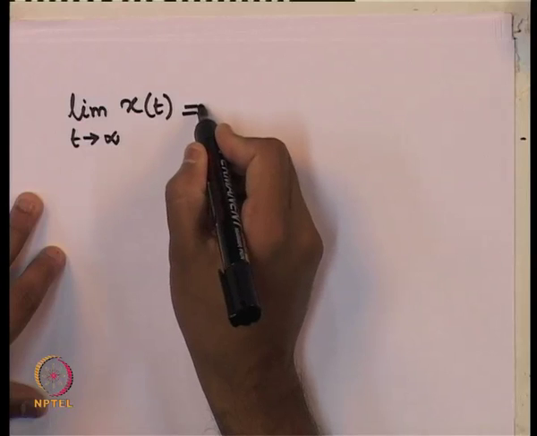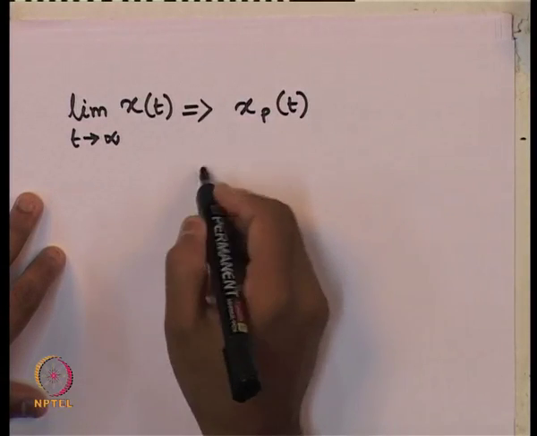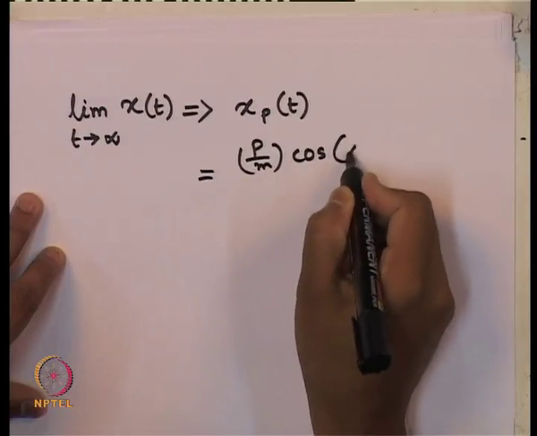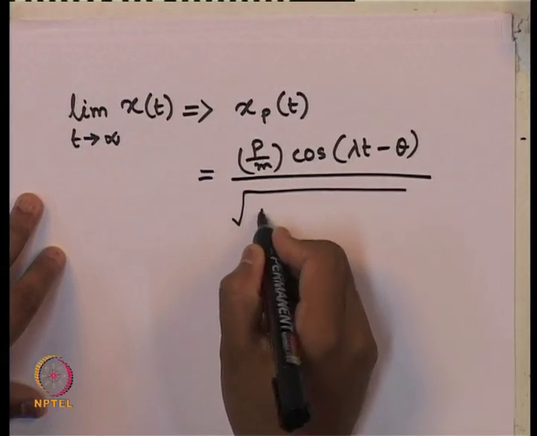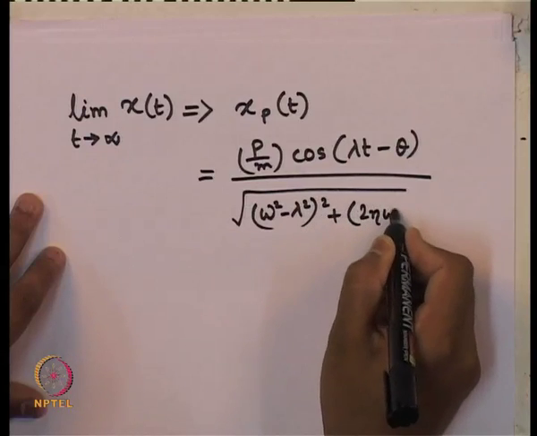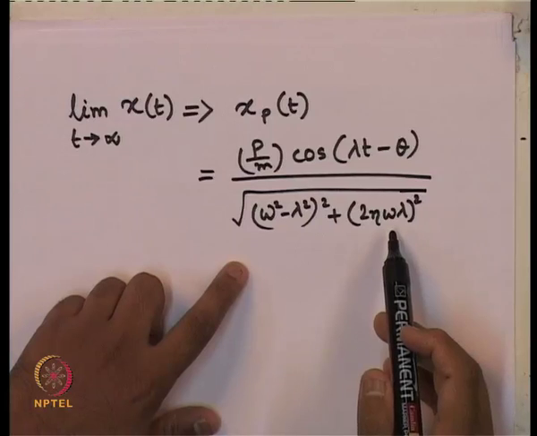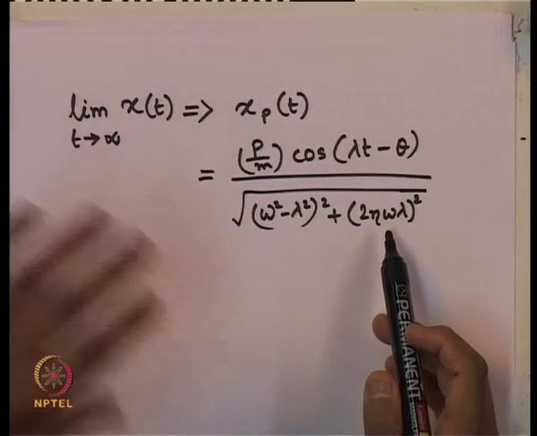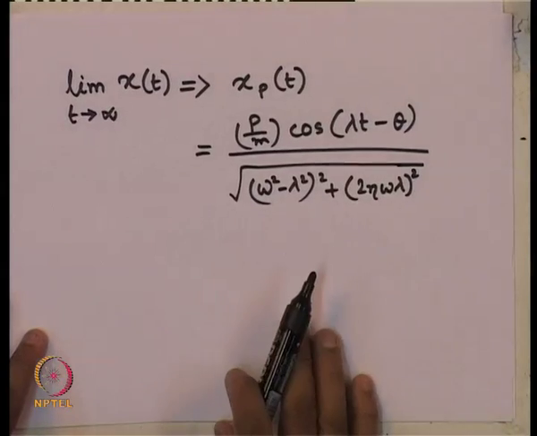It will give me the solution x p of t, which is nothing but p by m cosine lambda t minus theta, divided by root over omega square minus lambda square whole square plus 2 eta omega lambda whole square. So, the result will tend to this harmonic function as t tends to infinity, because the other component goes to 0 or vanishes. So, this is a periodic function.